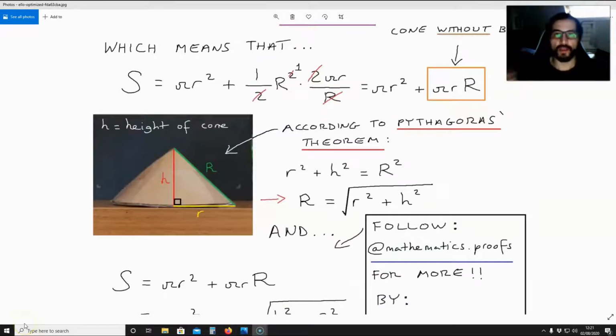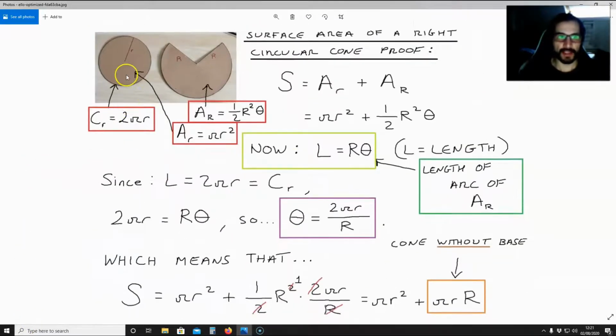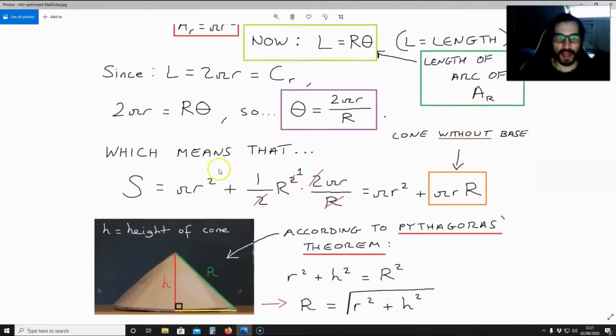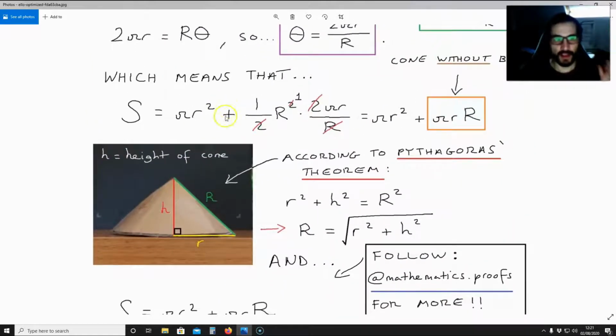So to get this more beautiful equation, what we're going to do is connect the base of this cone to its top. We are going to assemble the piece, and then we are going to look at this piece from this perspective right over here.